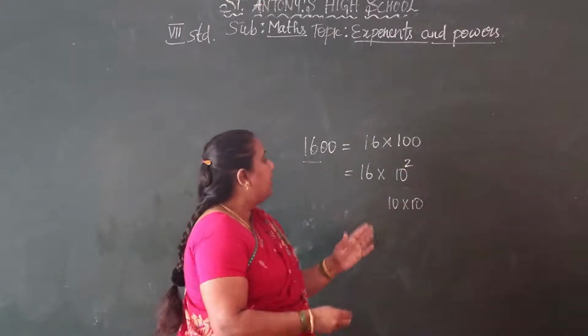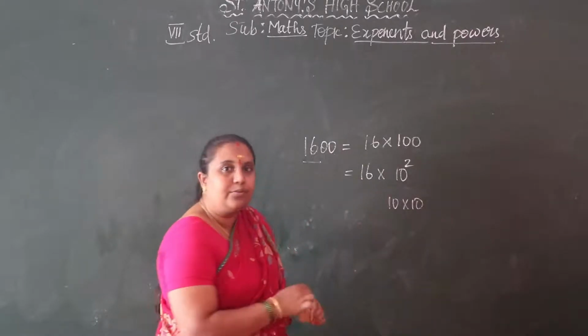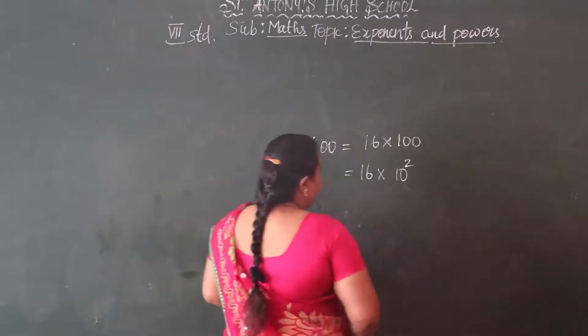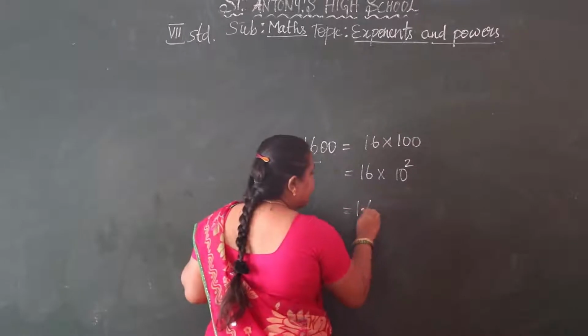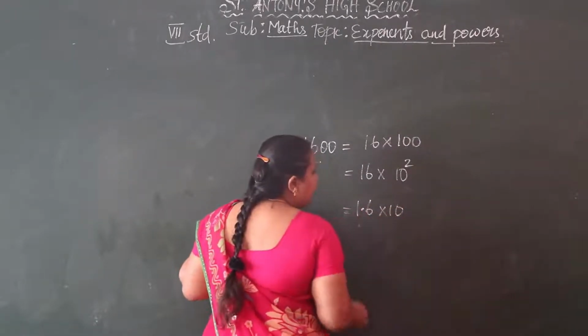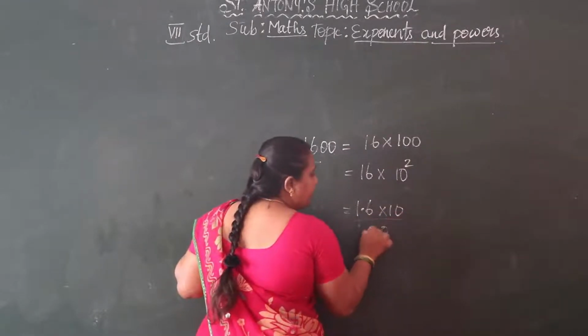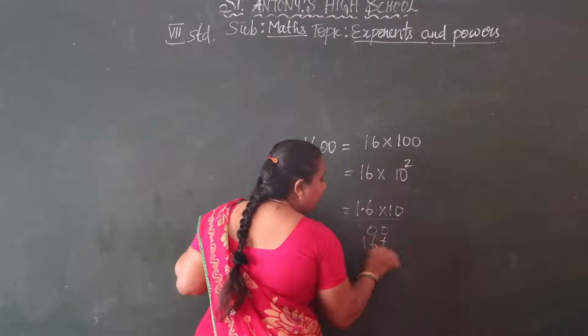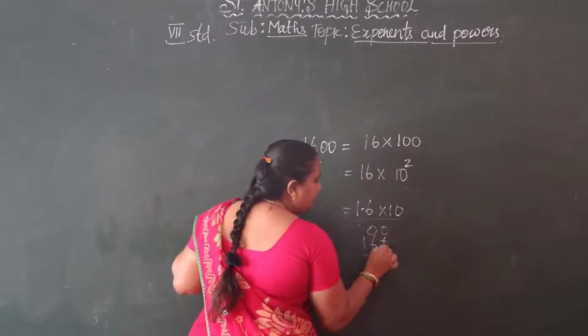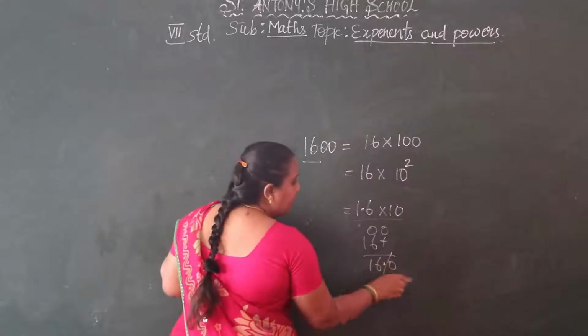And one more thing, we have to write it in the decimal form. 16 we write as 1.6 into 10. See, 1.6 into 10. We are multiplying, there is one digit after the decimal point, so the decimal moves and the zero can cancel.